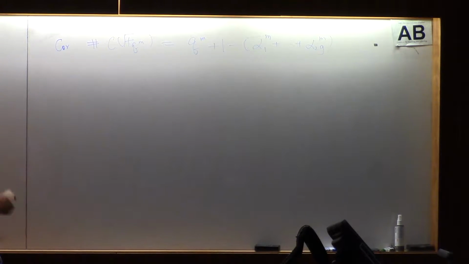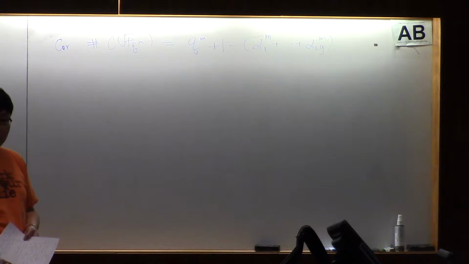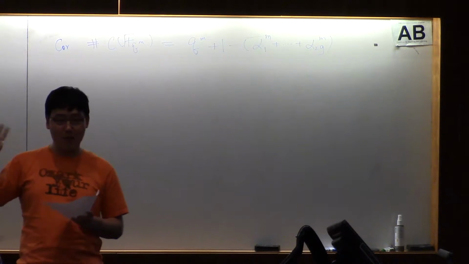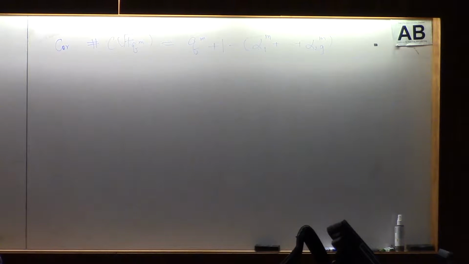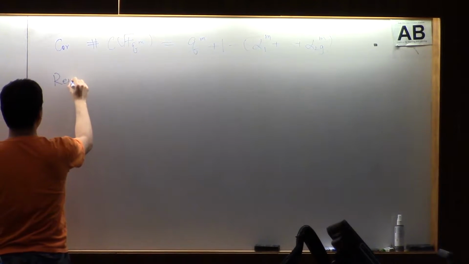Even if it's very small, if the genus is 1, you have a rational point. Any other question? Okay, so this is the first corollary, and then I want to make a remark.